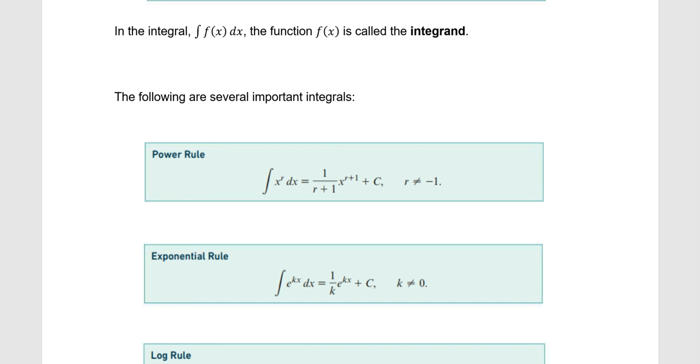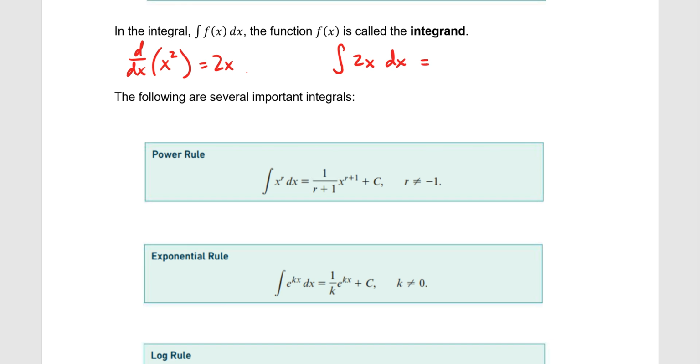Let's say we are taking the derivative of x squared. We know that d dx of x squared equals 2x. And let's say we are doing the integral of 2x, and then remember you always need dx.